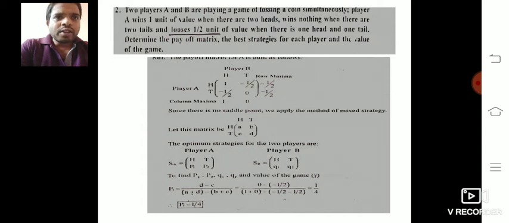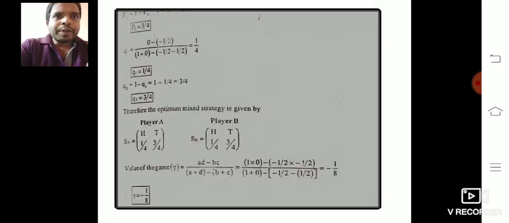Now find the P1 value using the formula D minus C divided by A plus D minus B plus C, that will give 1 by 4. And P2 value, that is 1 minus P1, will give 3 by 4. Similarly find Q1, that will give 1 by 4. Q2 equals 1 minus Q1, that will give 3 by 4.